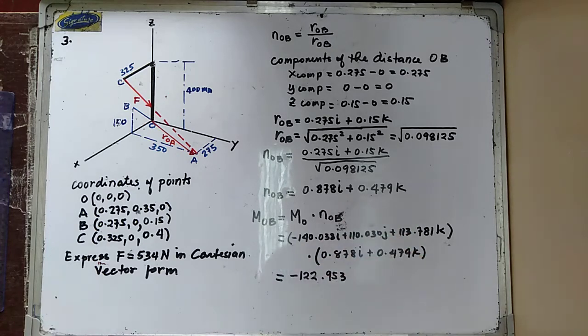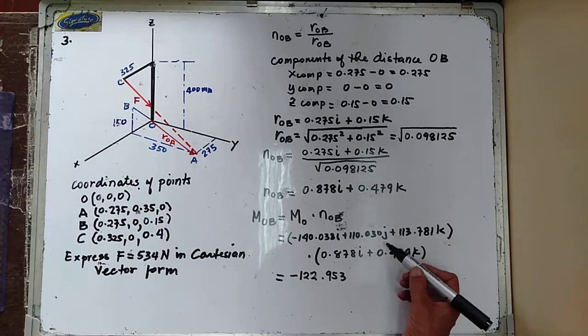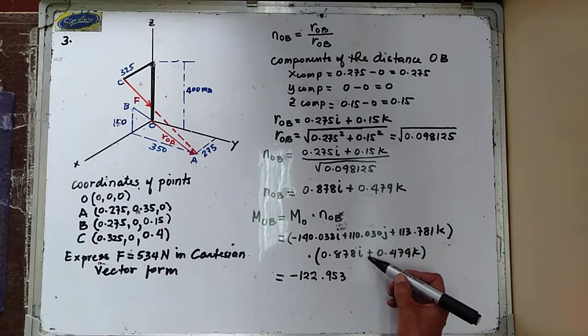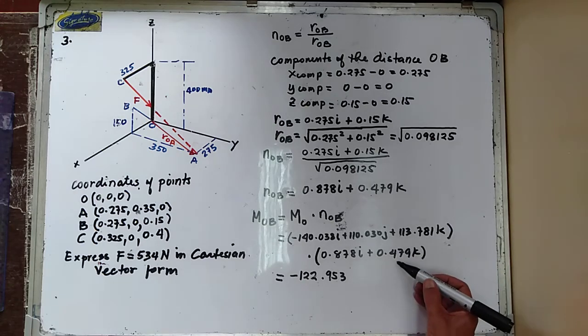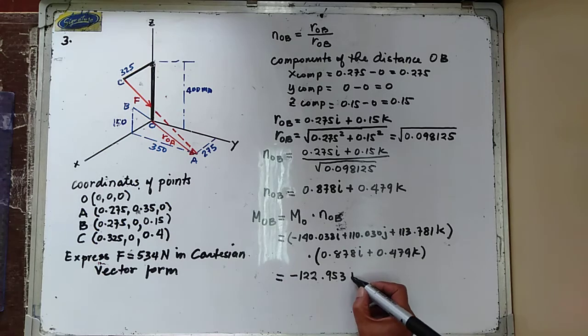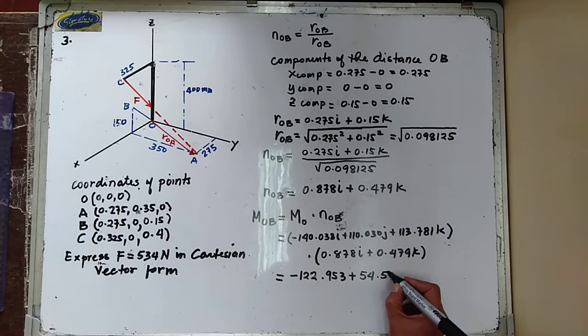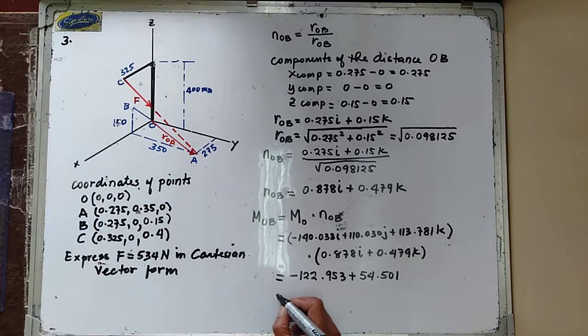Recall your dot products: the result of the dot product is a scalar quantity. Then we have your J, but we do not have J in the unit vector. So we have 113.781 by 0.479, that is plus 54.501.